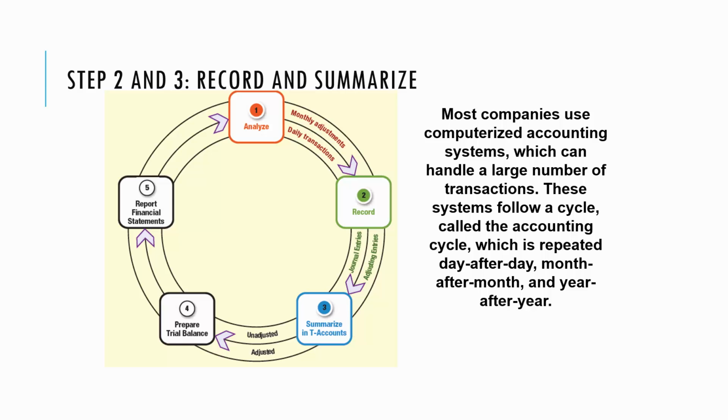All these daily transactions will be continued day after day, month after month, year after year. And they're the meat of what happens in the accounting system. However, at the end of the month or toward the end of the month, you'll start doing not the daily but the monthly adjustments and these adjusting entries. So this is kind of a cycle, and that's why it's represented here as a circle going round and round.